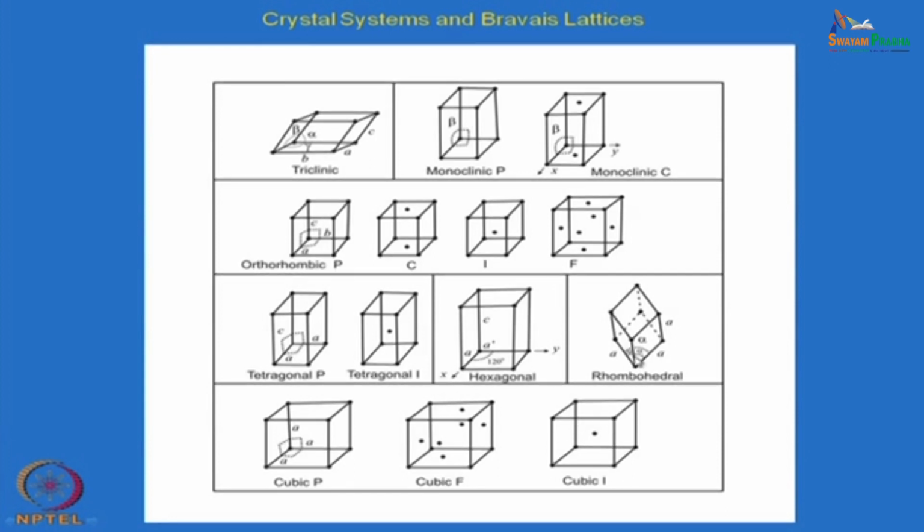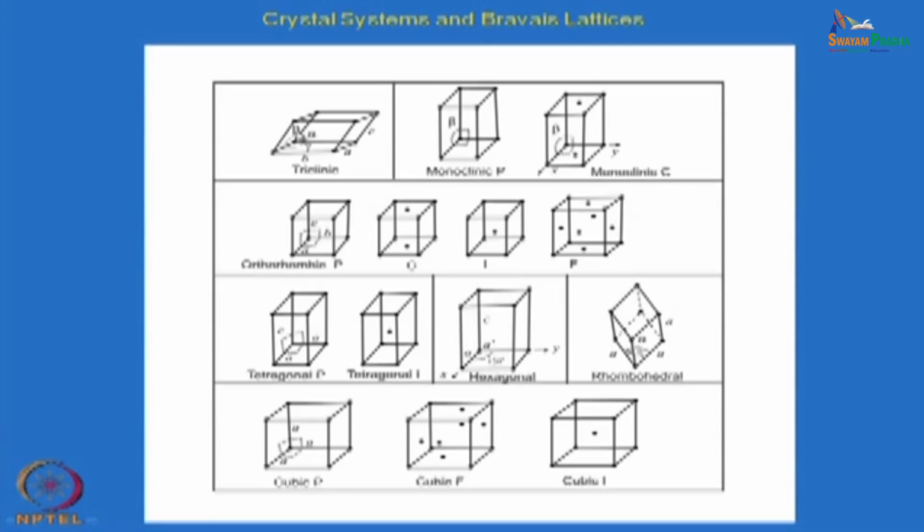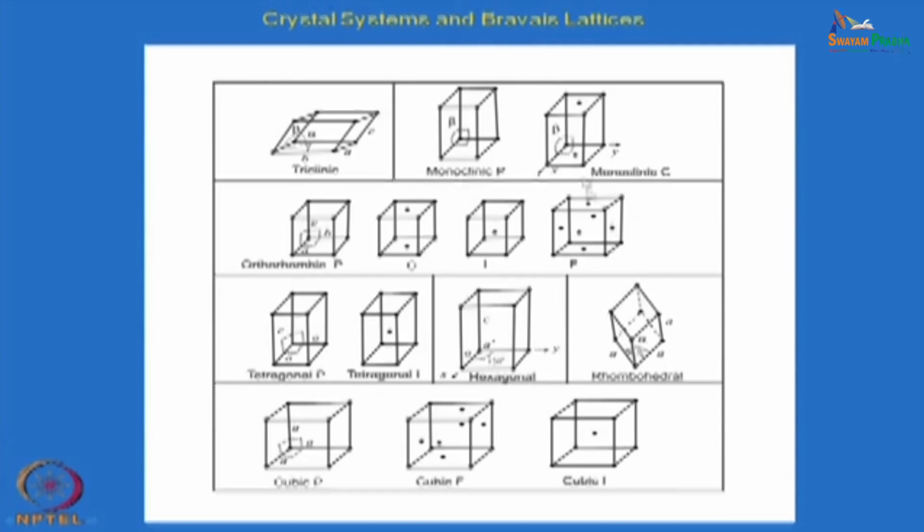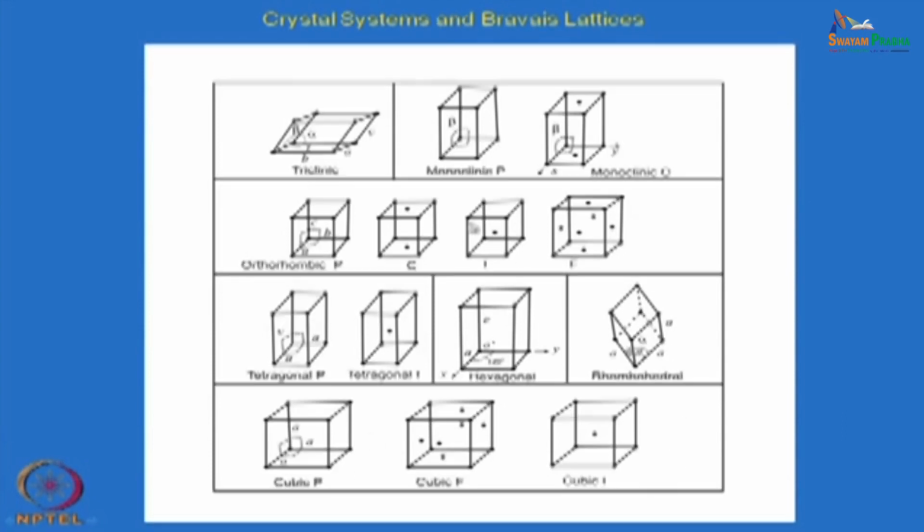So, in all there are 14 kinds of systems, what we call crystal systems, or sometimes Bravais lattices. Okay. So, any kind of structure can be described by one of these 14 systems.